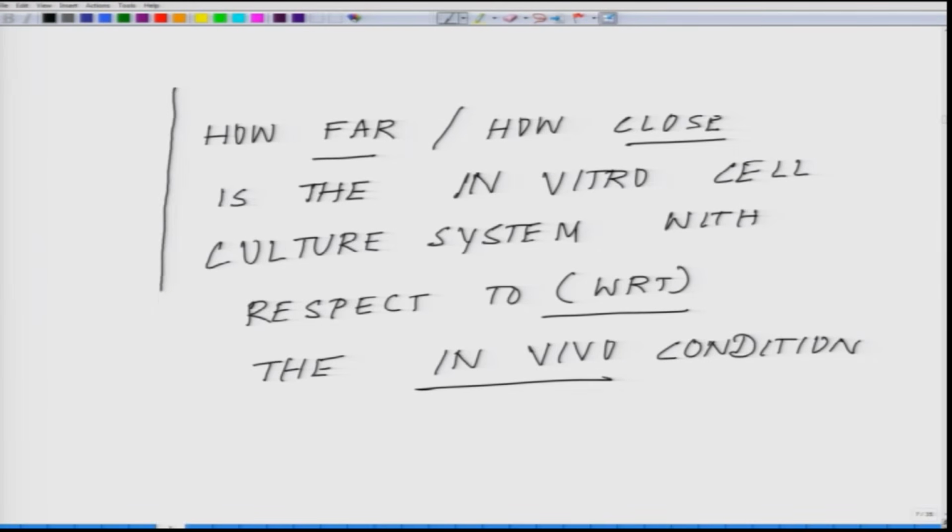This is one fundamental question one has to ask, provided you are working on some biomedical problem. Okay. This is one situation.